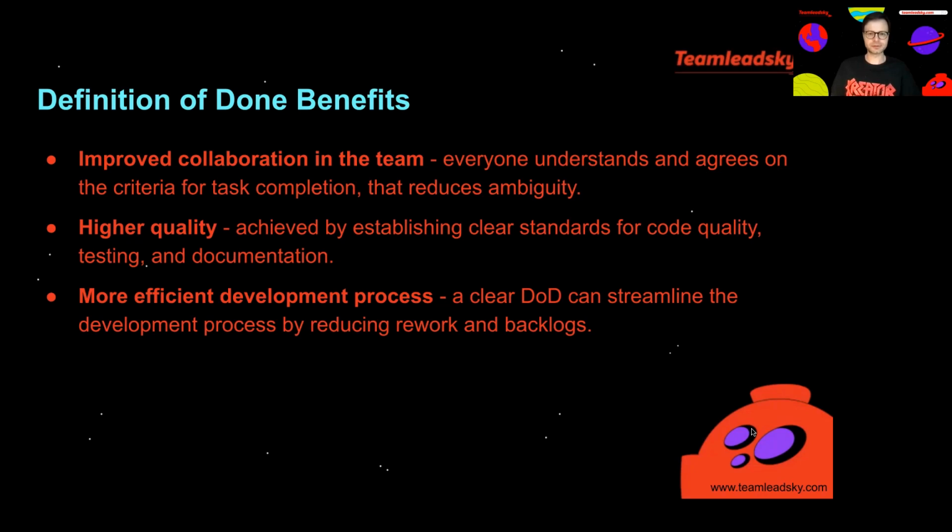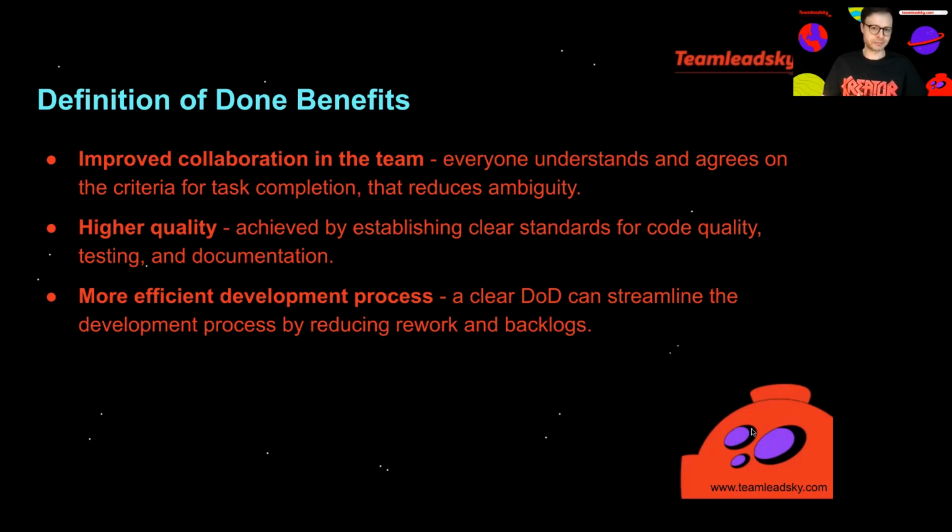And of course, that also helps to achieve better quality of work, because as a part of the definition of done, usually the requirements for coding standards, test coverage, and documentation are present.